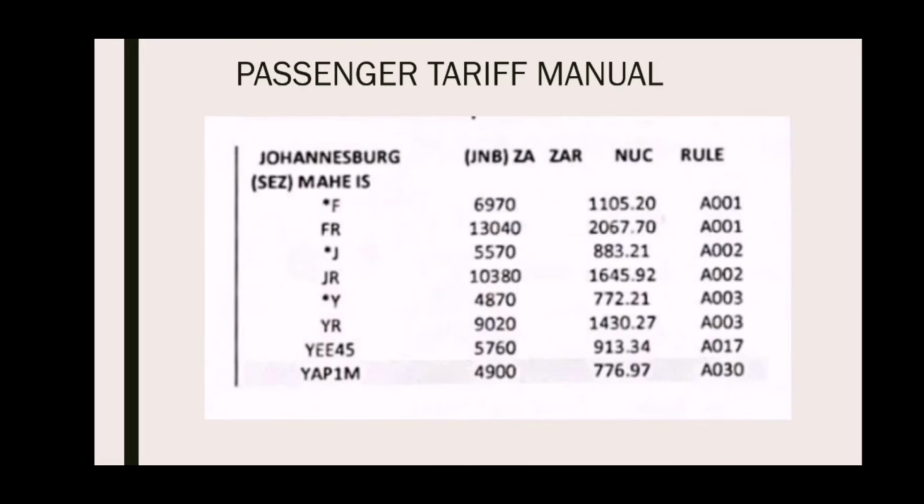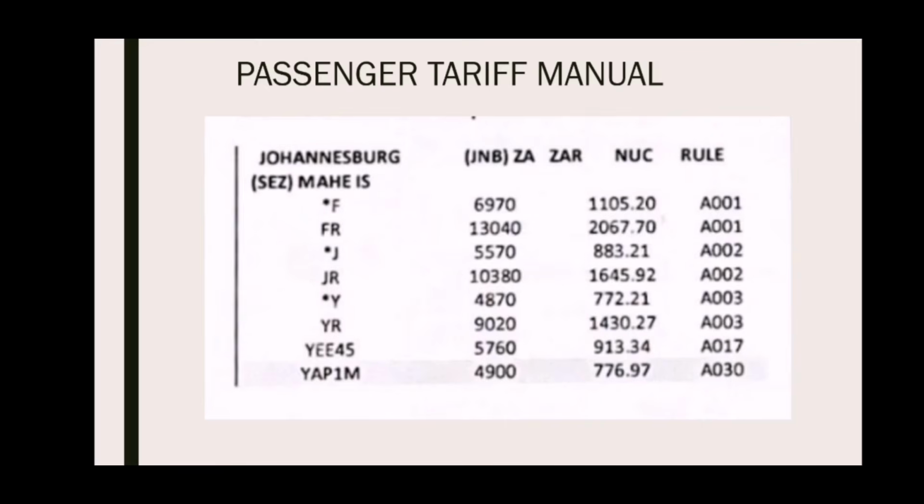Then you have your passenger tariff manual. As I said, the passenger tariff manual will be given to you as part of the activity, and it will be related exactly to the route that you are traveling on. So here you can see you have your Johannesburg to Mahe. You have the various classes.